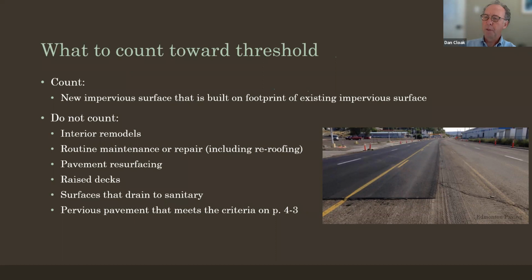There are particular exclusions. I think the best way of understanding it is that everything's in unless it's specifically listed as being out. Of course, interior remodels are excluded. Exterior work of routine maintenance or repair, including putting on a new roof, is excluded.